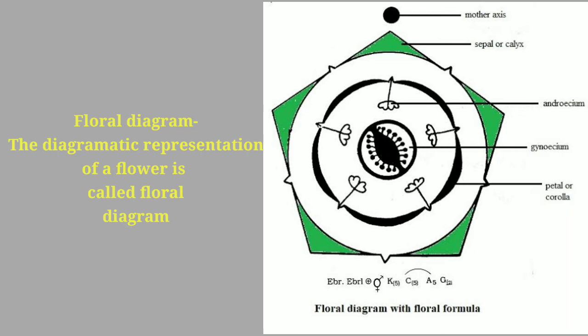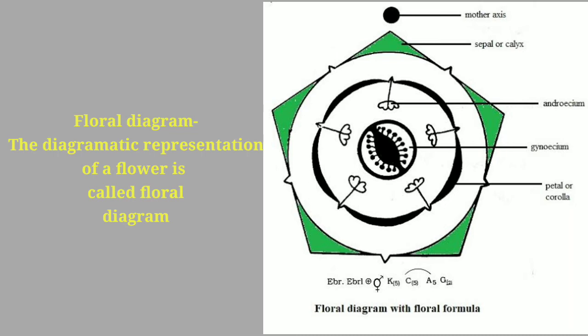This is based on the types of estivation, that means what type of estivation those particular floral parts bear. For example, we discussed 5 types of estivation. Those were valvate, twisted, imbricate, quincuncial and vexillary.